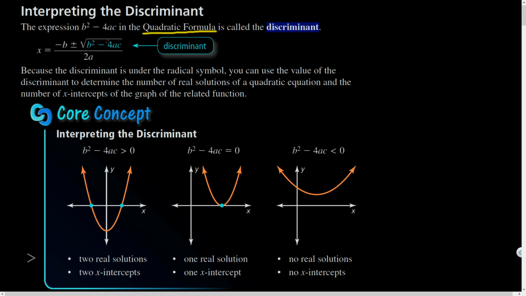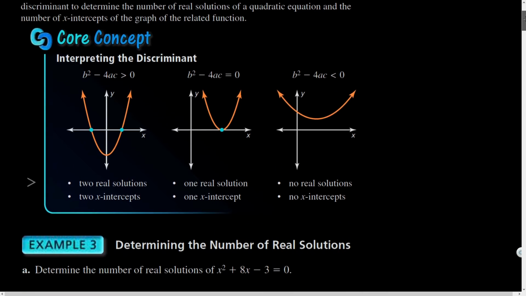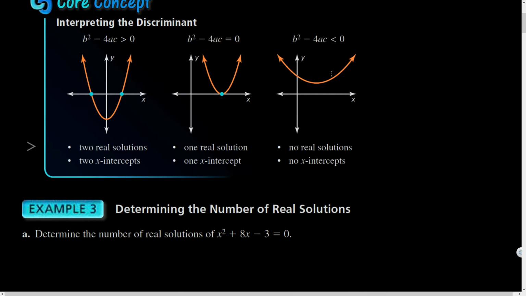And anytime the discriminant is negative, that means I'm taking the square root of a negative and I will have no real solutions. I also could describe that as saying that there are two imaginary solutions. In the case of my Algebra 2 students, this year anyway, my students already know about the imaginary.